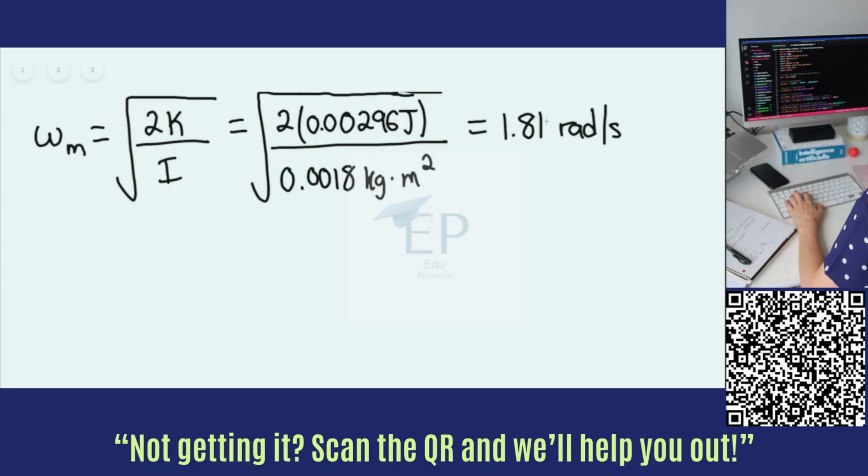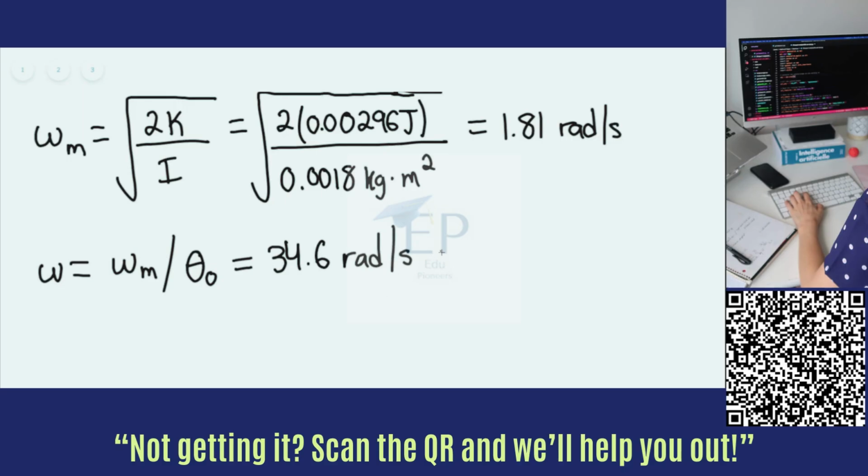So we can then say that the angular frequency of the oscillation, omega, would be equal to the maximum angular speed divided by the initial angular displacement. This is going to be equal to 34.6 radians per second.